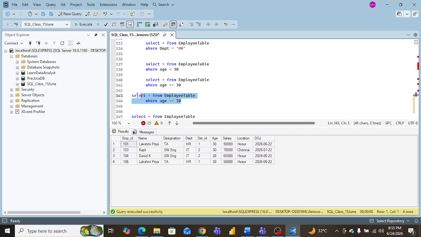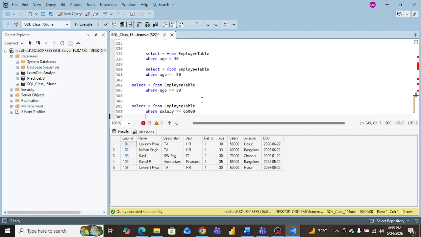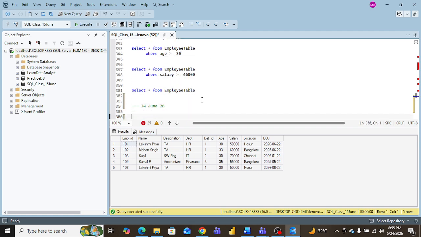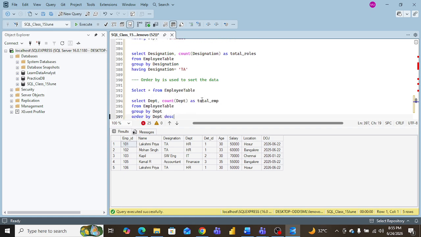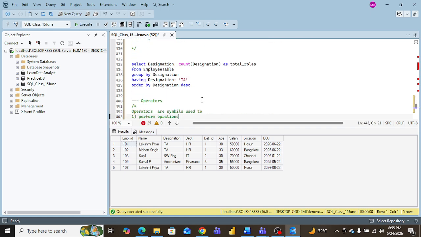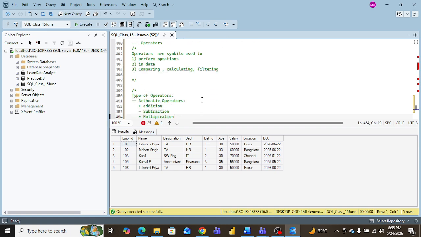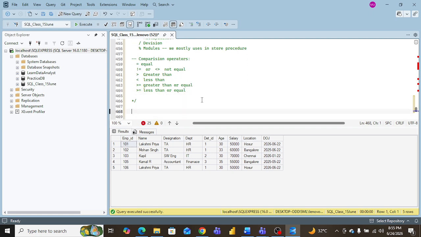Or more than 30, right? And for not equal, we can use different types of symbols. Why am I teaching you? Because there is so much use of these things. But the modulus one we mostly use only in statistics or other things, so we don't use it much.